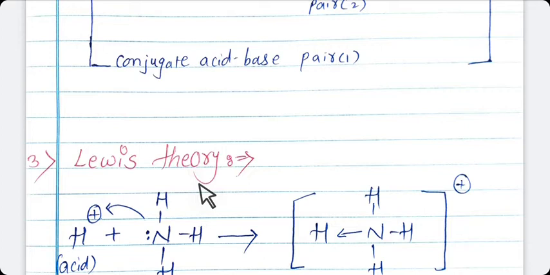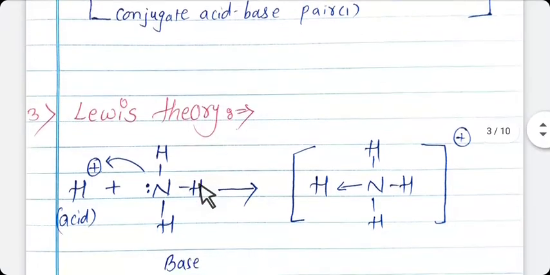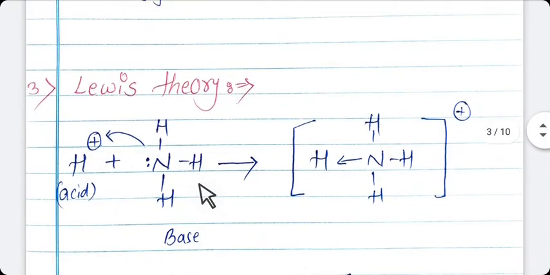You can easily understand this by this reaction, as you have already known, nitrogen containing a lone pair of electrons. So acid accepts a shared pair of electrons, as you have seen in this reaction.